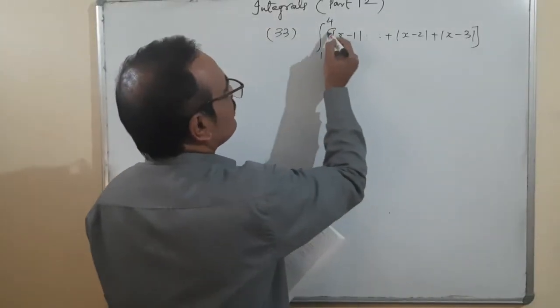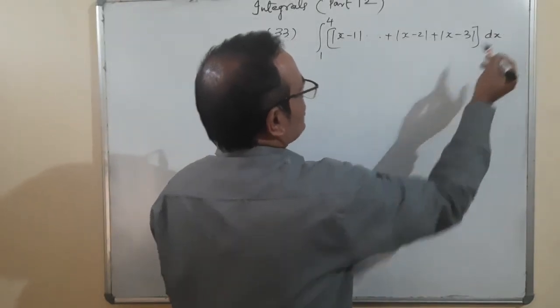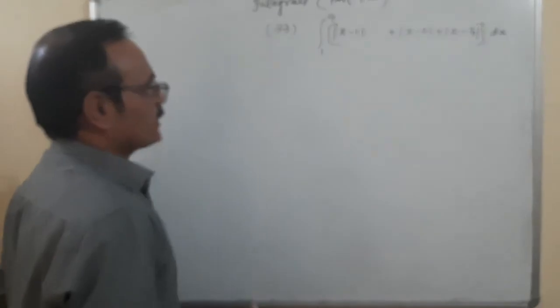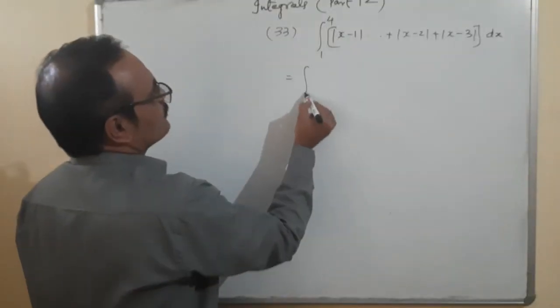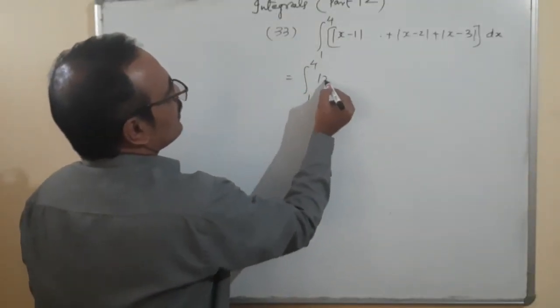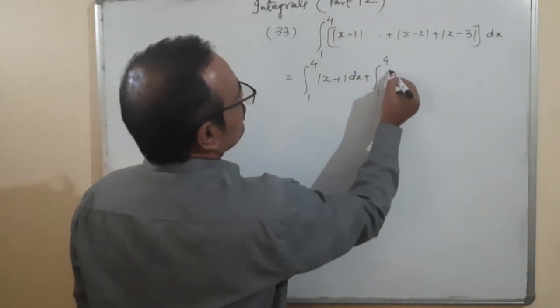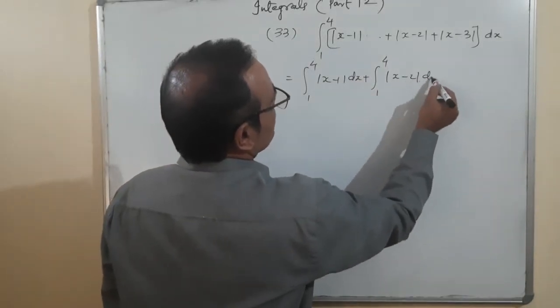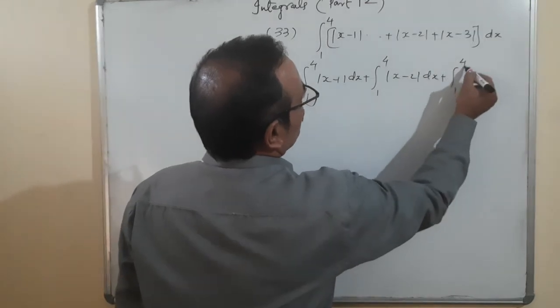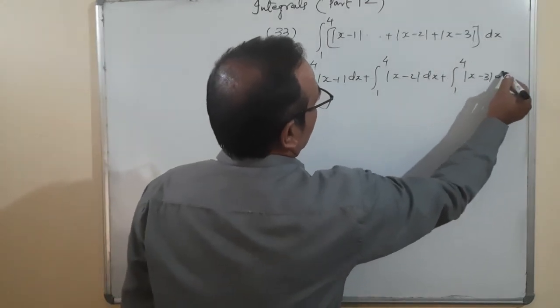Okay, this is the question. Mod x minus 1, mod x minus 2, mod x minus 3. We have to separate them: 1 to 4 mod x minus 1 dx plus 1 to 4 mod x minus 2 dx and plus 1 to 4 mod x minus 3 dx.